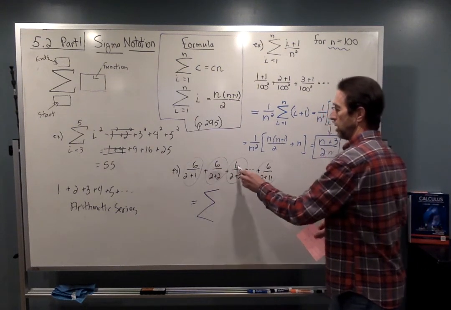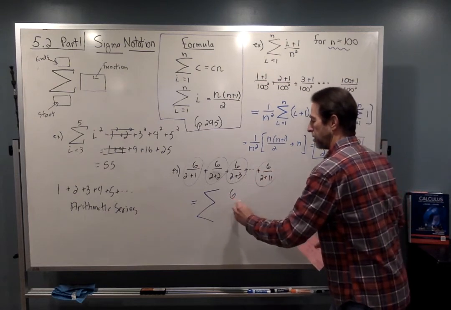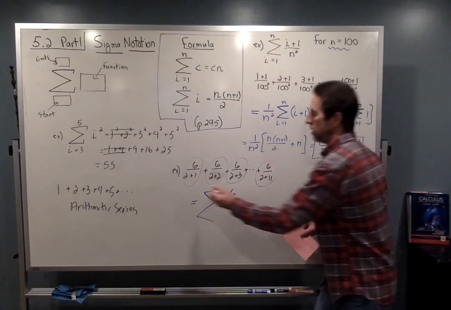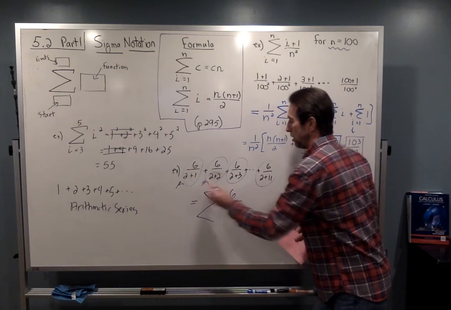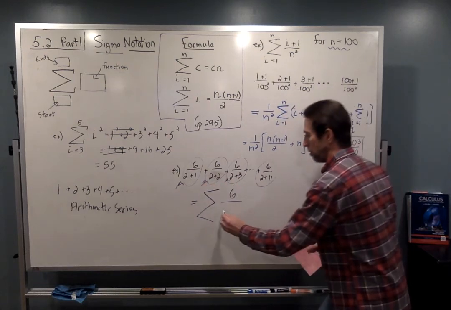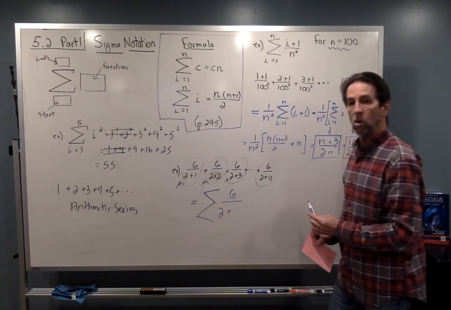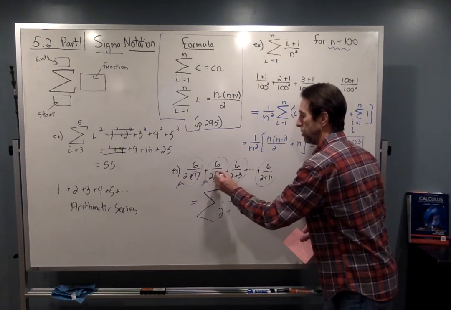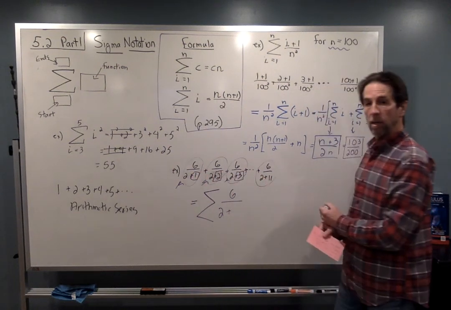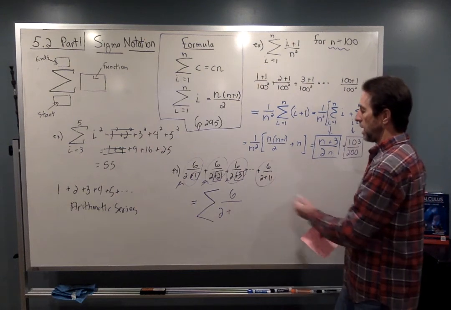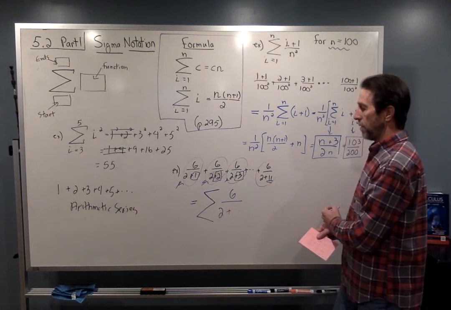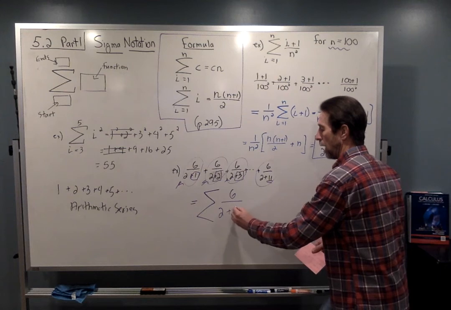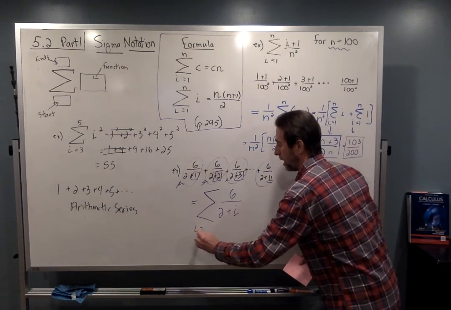The 6 is always there, so that's going to be part of my summation formula. This 2 is always there, so that's going to be part of the formula. What changes is this position, this number. And we can see, because of this dot, dot, dot, it goes from 1 to 11. So that's what I'm going to use for i, and then I'll just let i equal 1 to 11.